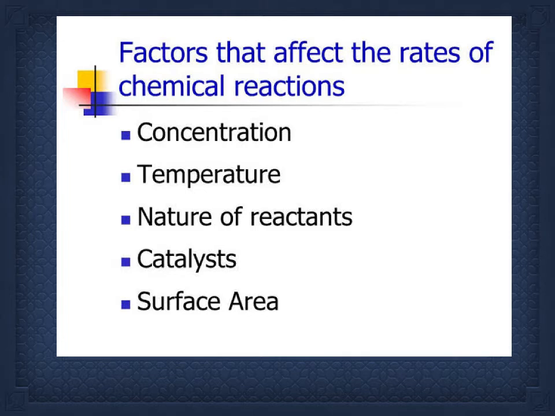Now let us see the factors which decide the rate of chemical reaction: nature of the reactant, size of the particles of reactants, concentration of the reactant, temperature of the reactant, and lastly, catalyst. Now we shall see one by one. First, let's consider nature of the reactants.